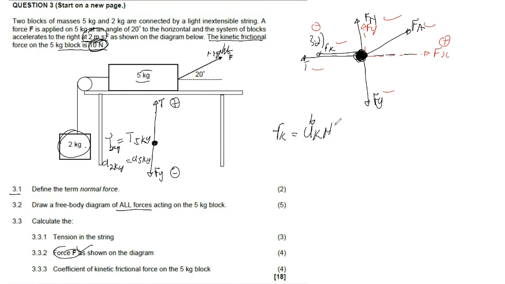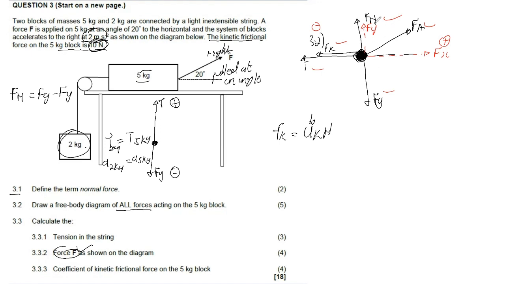But then again, we know that for this type of question, we need to first calculate the normal force. Now we can see that this is being pulled at an angle. And then we know the formula to calculate when this is being pulled at an angle is normal force is equal to Fg minus Fy. Right. Let's say maybe you happen to forget it. You can still deduce it from your free body diagram here.